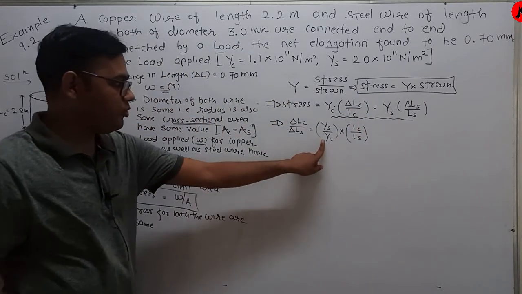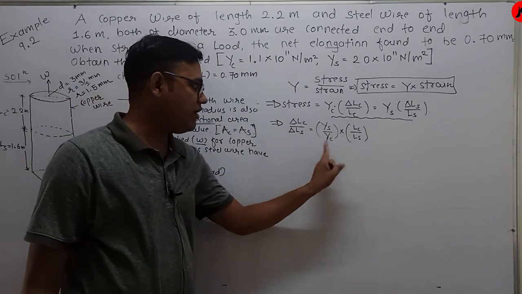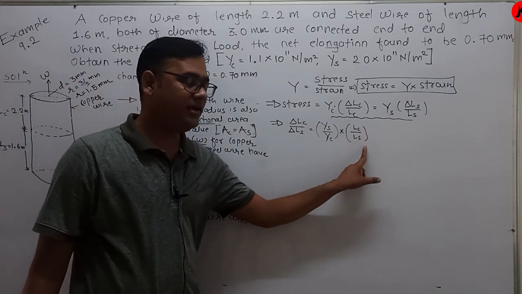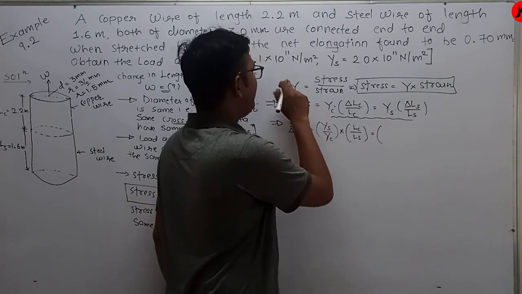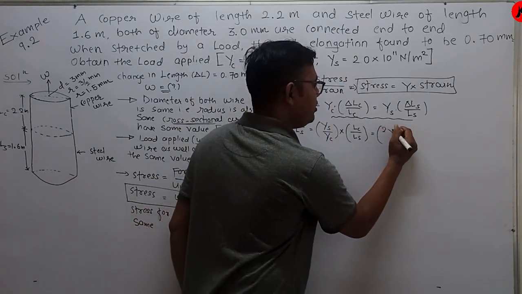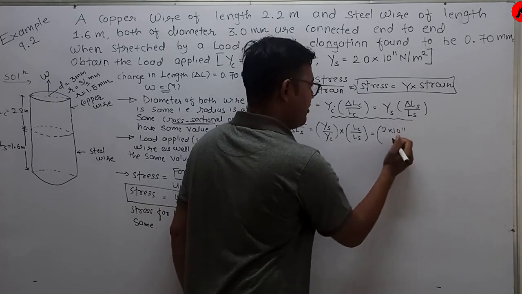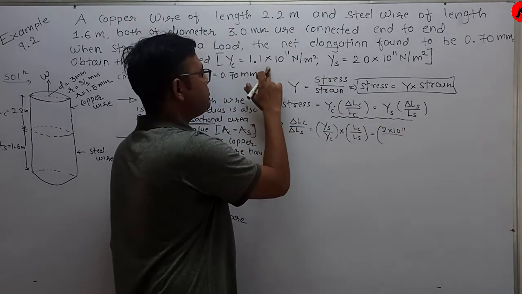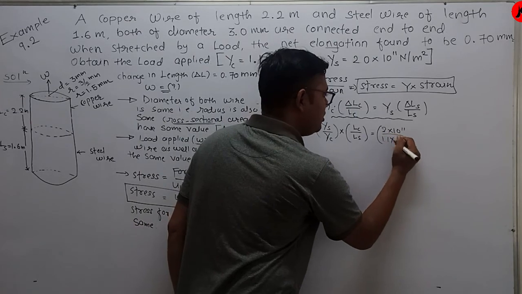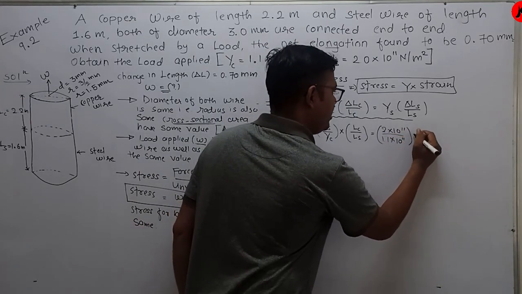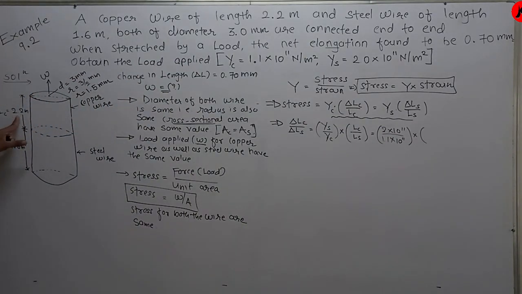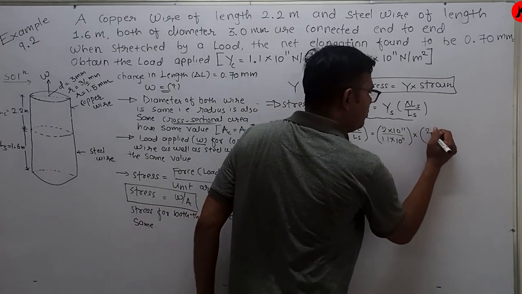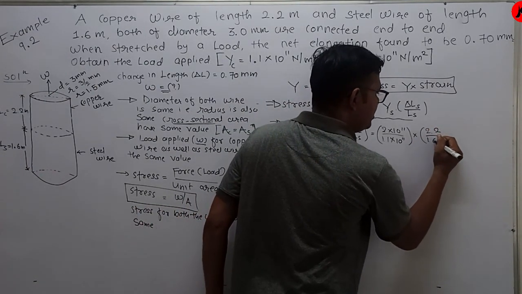So we have this important relation in which we have all the values YS, YC, LS and LC. So put all the values. YS is given as 2 into 10 raised to 11 divided by YC, which is 1.1 into 10 raised to 11, into LC, which is given as 2.2, and LS is given as 1.6. So 2.2 by 1.6.